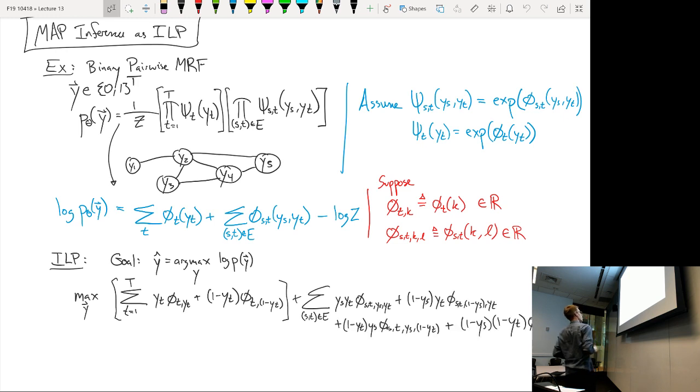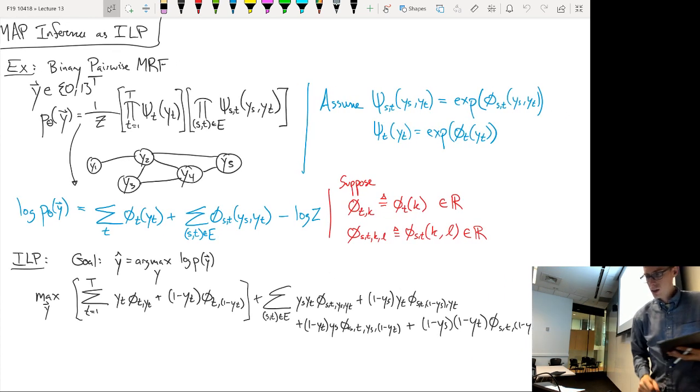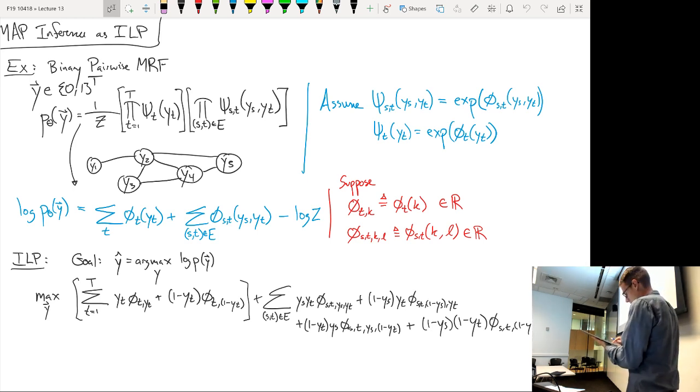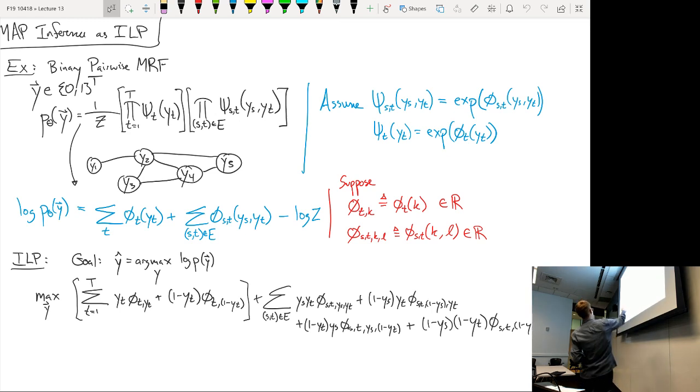So this sort of ridiculous way of writing things out shows for us a really important detail, which is that we can take this entire thing and write it out in terms of little binary variables. Okay? And this way of writing it out is entirely linear. Okay? So what constraints do we have on the variables yt?